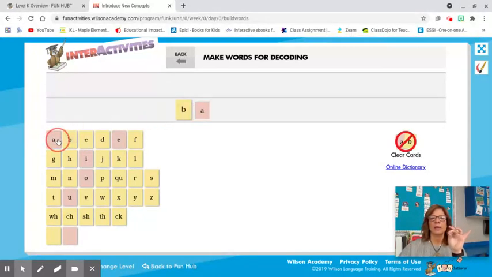It's the A. B. A. K. Again, is this the short A sound? Yes. So we're going to need the CK at the end for that K sound. B. A. K. Back. Great job. So we'll continue to work with digraphs this week, and I will see you tomorrow.